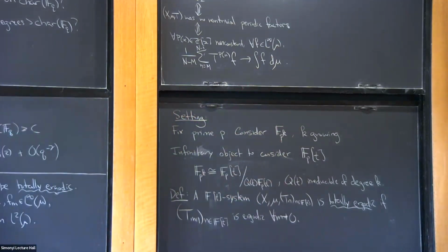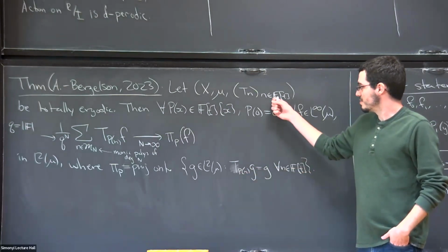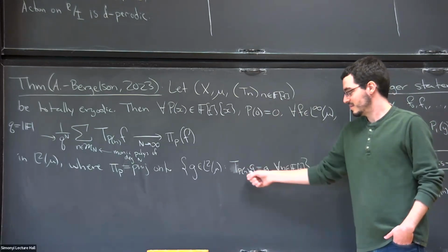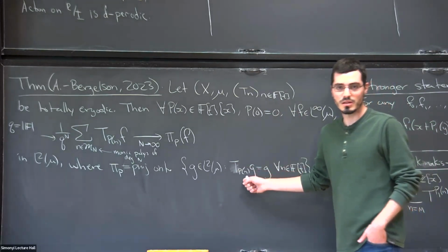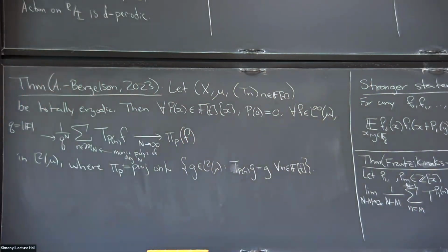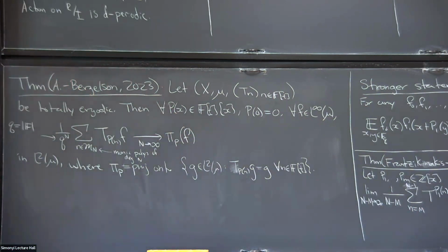And the reason is that once the degree of this polynomial is bigger than the characteristic of the field, you can actually get non-trivial projections here. But it's still a projection. So that's really the core of total ergodicity, is that the limiting behavior is that of a projection.